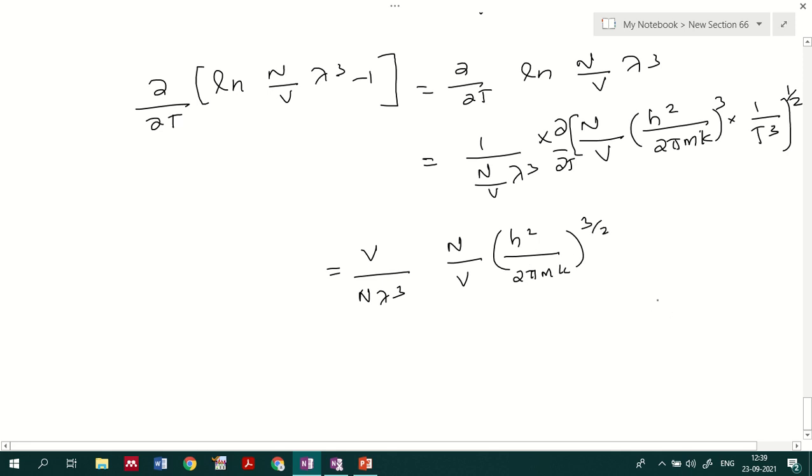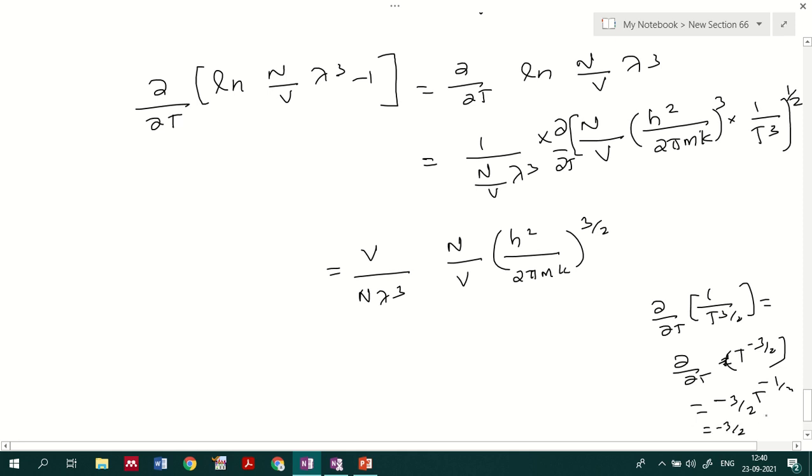So if I do dou by dou T of 1 by T raised to 3 by 2, that is equal to dou by dou T of T raised to minus 3 by 2, so I'll be getting minus 3 by 2 T raised to minus 1 by 2. That is minus 3 by 2 into 1 by T raised to 1 by 2.